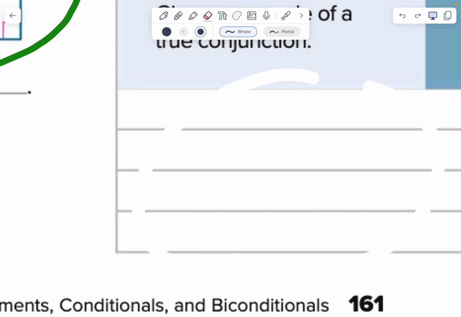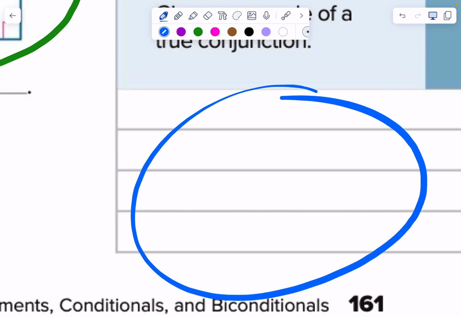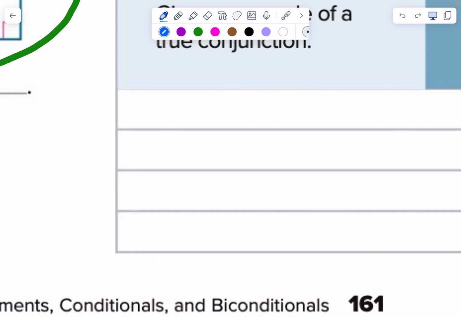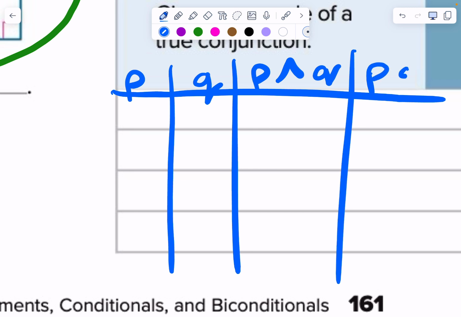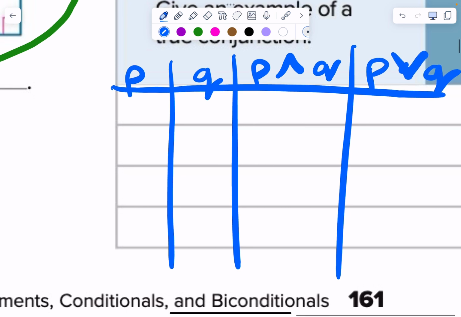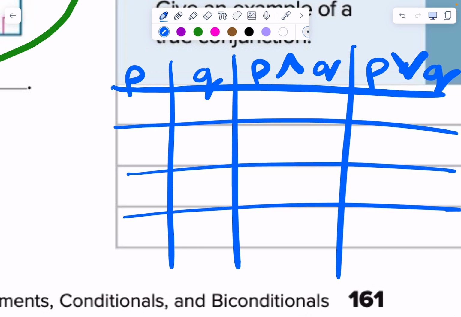Let's say P and let's say Q right here, and then P and Q, and then P or Q. You need 4 columns and 4 rows below that. P, Q, P and Q, P or Q, wherever you have room.